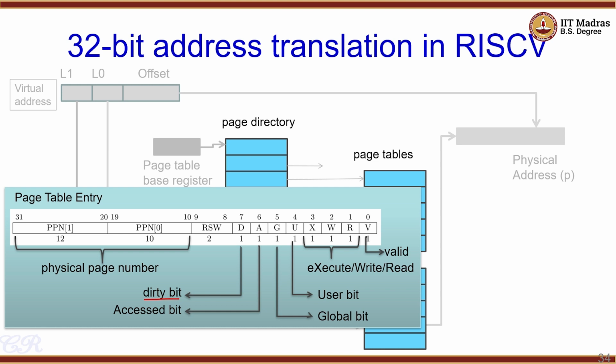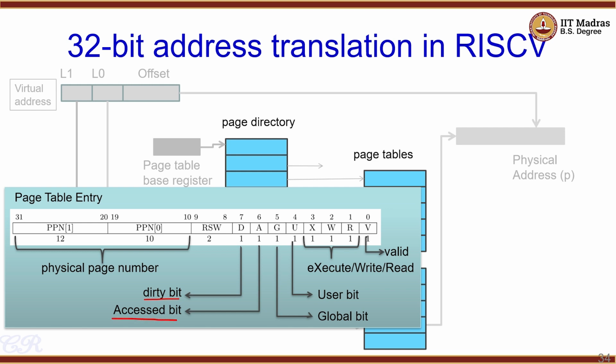The dirty bit would be set to 1 if there has been a modification in that particular page frame, and the contents of the page frame need to be written back into the hard disk when there is a swap out. If the dirty bit is set to 0, then this writing back to the hard disk is not required, because no modifications have been made to the page frame, and the contents are exactly identical to those present in the hard disk.